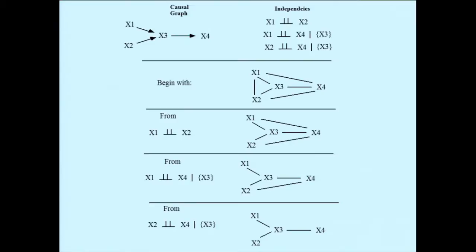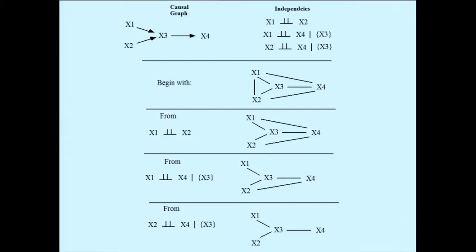And then we get the first-order adjacency searches, and when we're looking at x1, x4, we don't have to consider everybody if they're not adjacent, but it turns out that x3 is adjacent to both. We have to consider it. x2 is adjacent to x4, so we still consider it. And we get x1 and x4 are independent conditional on x3, so we take away that edge.